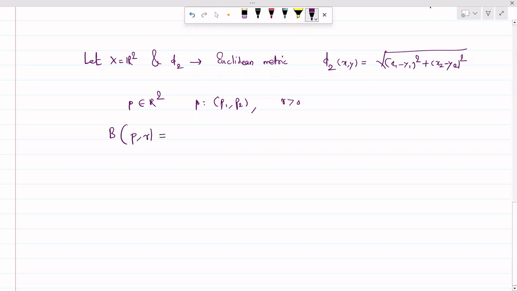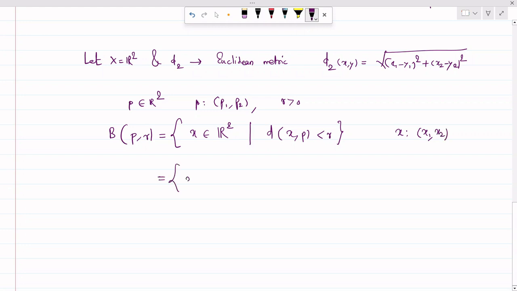So that is equal to, by definition, the set of all points x belonging to R2, that is x is (x1, x2), such that d of x comma p is less than r. So let me just write here that x is nothing but (x1, x2).